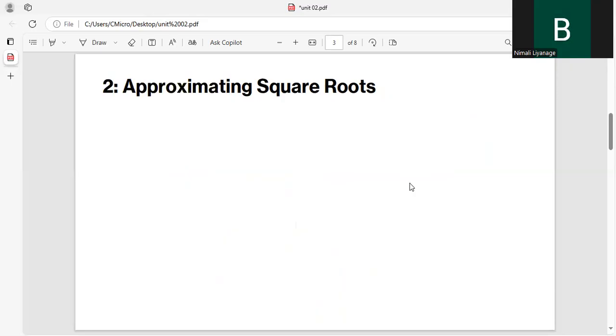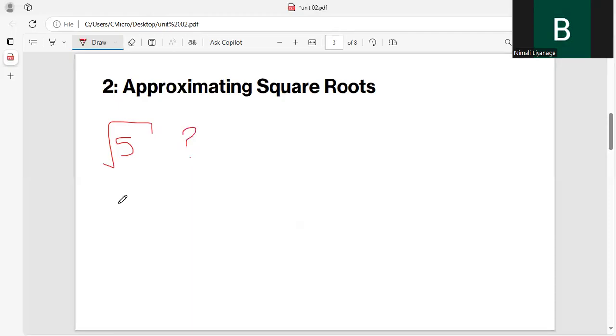So let's learn how to approximate the square root of a number that is not a perfect square. For example, as I mentioned earlier, let's take the square root of 5. What is the square root of 5?